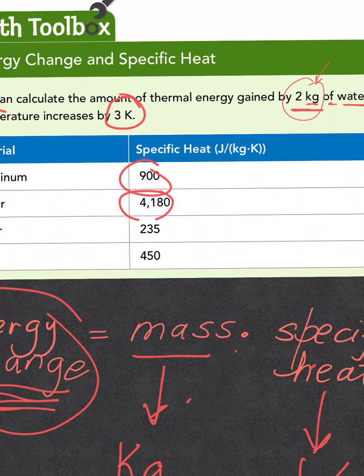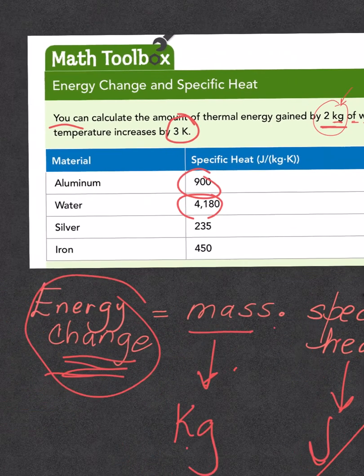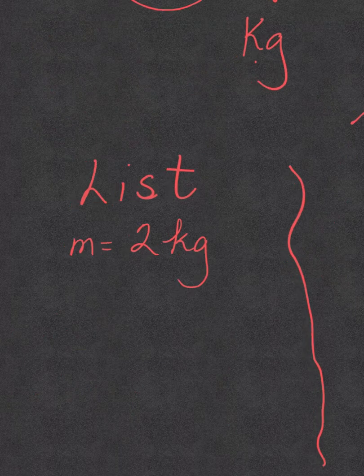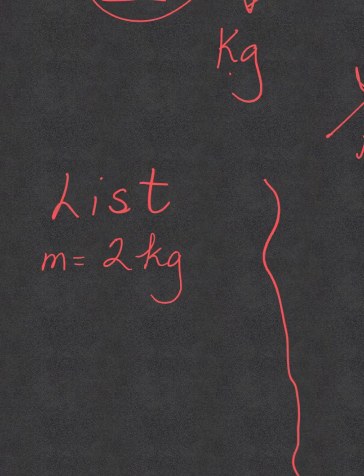Of water. Always when you are solving a problem involving energy change, the problem has to give you the specific heat. So, thermal energy gained by 2 kilograms of water. Water is another important piece of information because you're going to be using the specific heat of water. And what is the specific heat of water? You're going to put that over here.